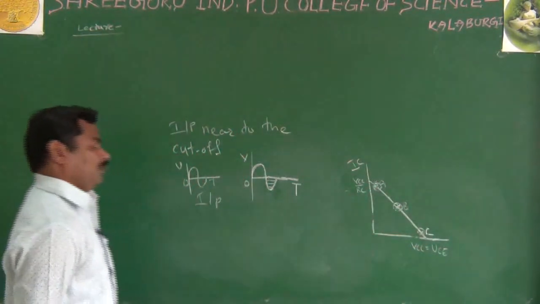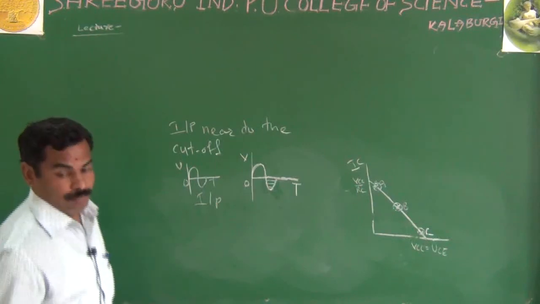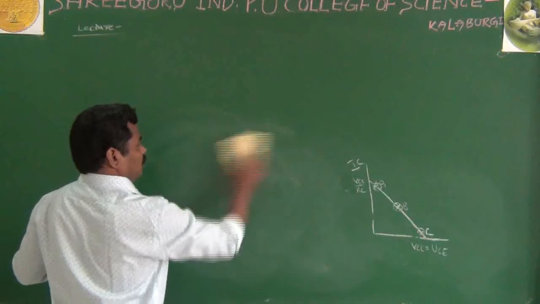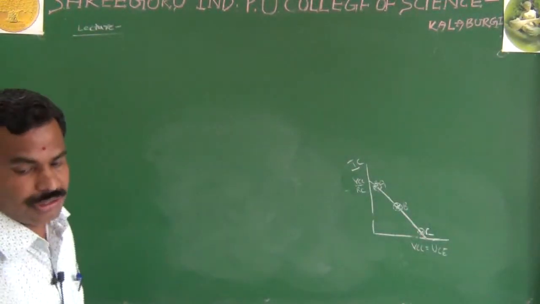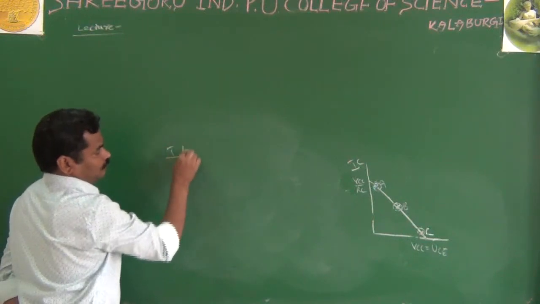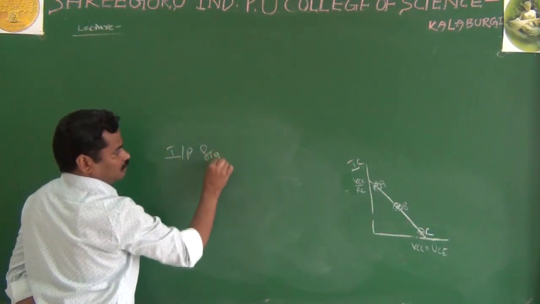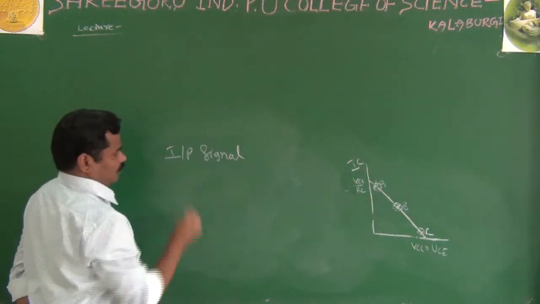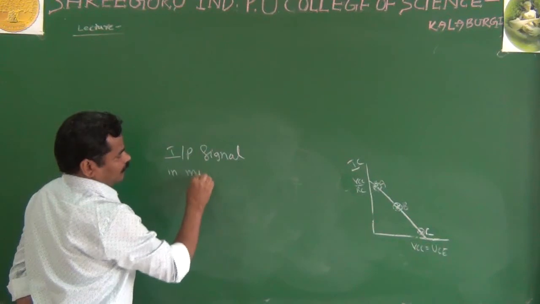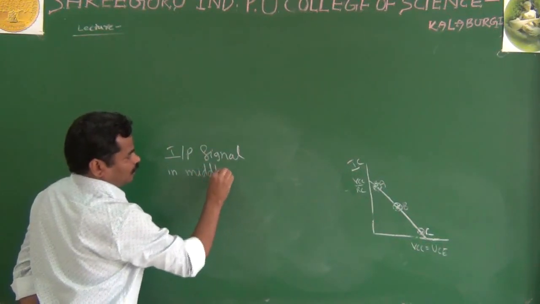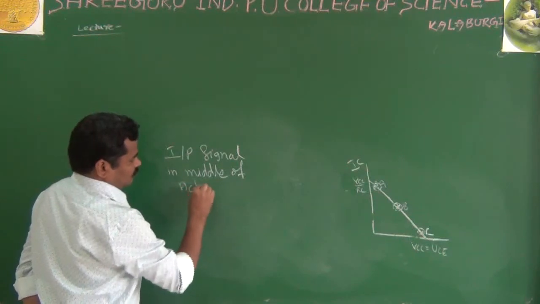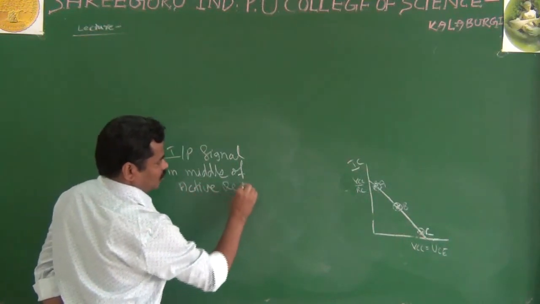For example, if the Q point is in the middle of the active region, and you apply the input signal in the middle of the active region, then what happens?